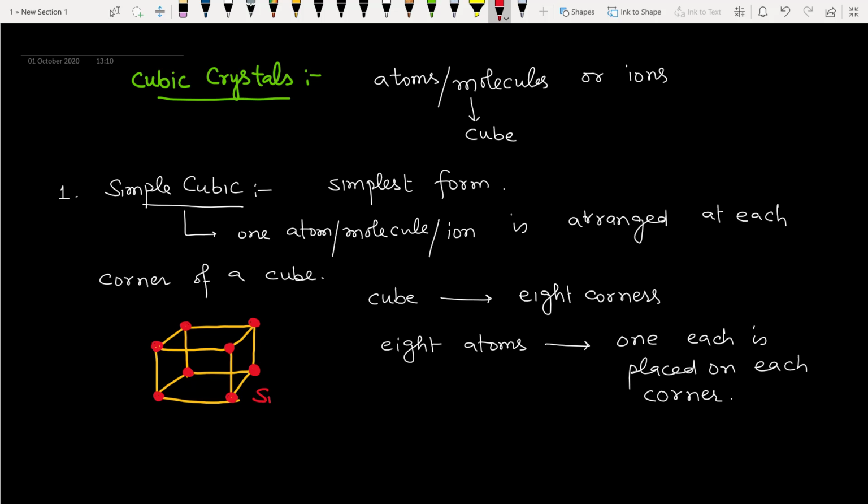Then it will be a simple cubic arrangement.